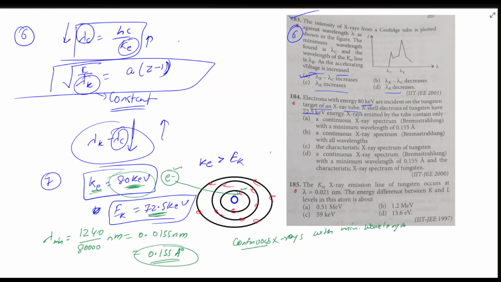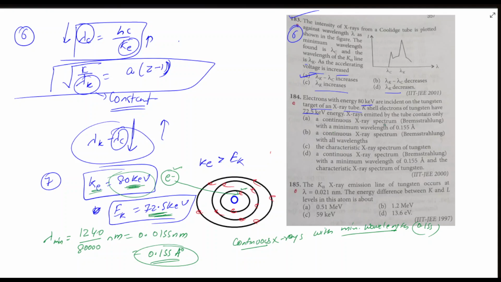The photon with minimum wavelength 0.155 will also be there, and characteristic X-rays will also be there, because the kinetic energy is more than the K shell energy, so the electrons can be released.